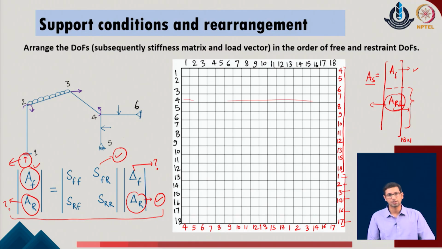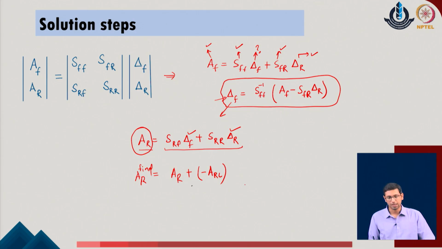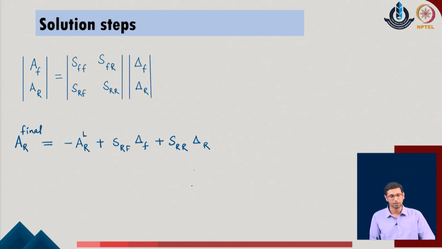So, we will just reverse these directions and they will become the reaction components of the given system. So, with this idea we get the values of the reaction components of the given system. So, this has been defined over here, that we get the value of A of RL, which is the contribution of the reaction due to the external load in the given system.